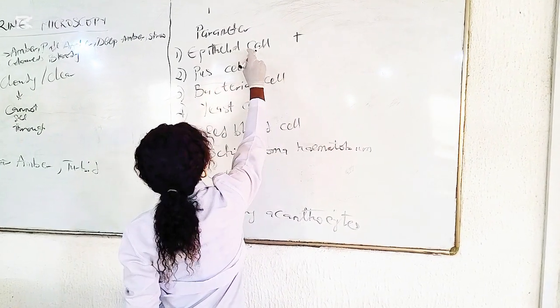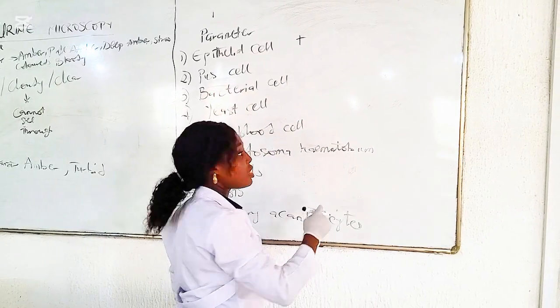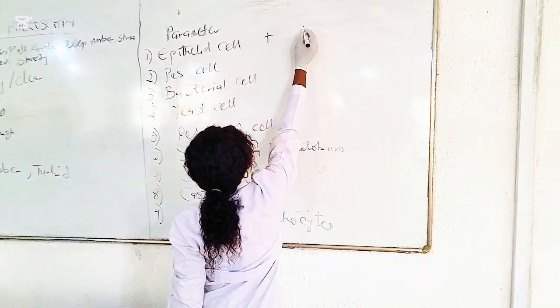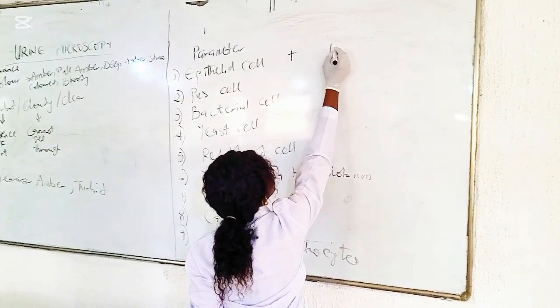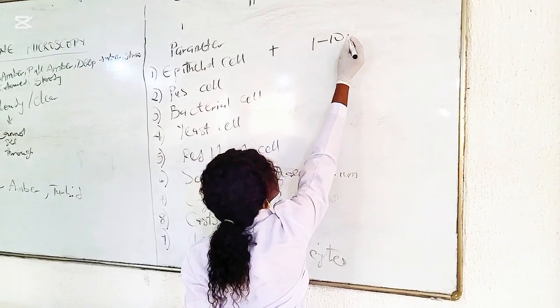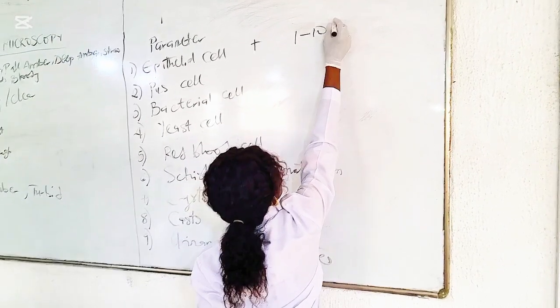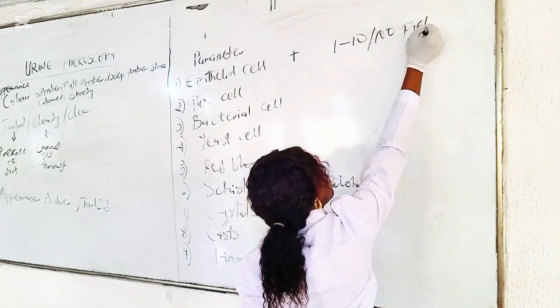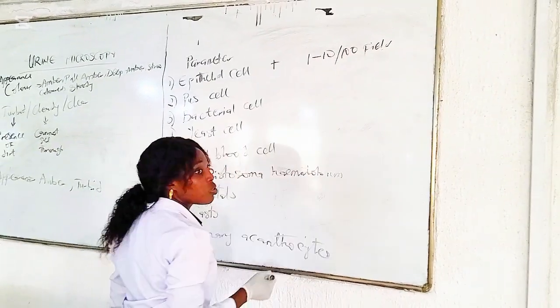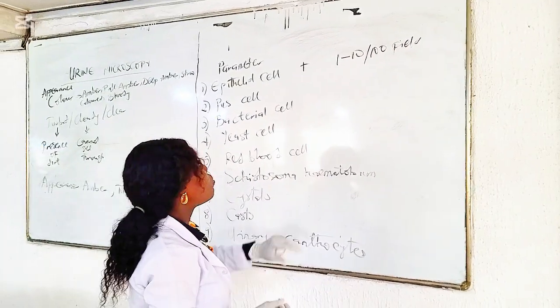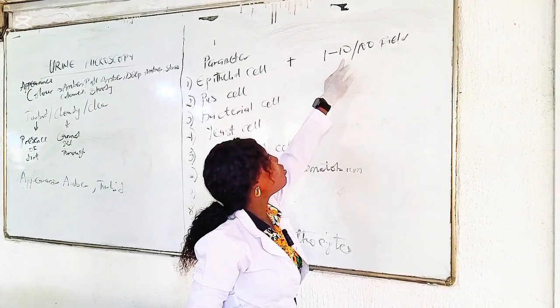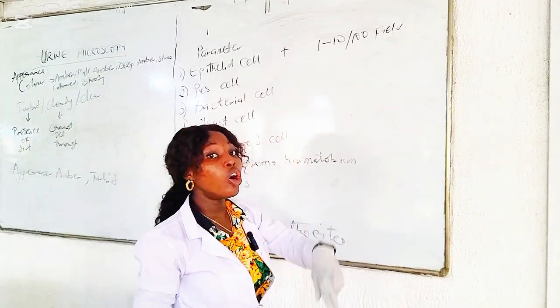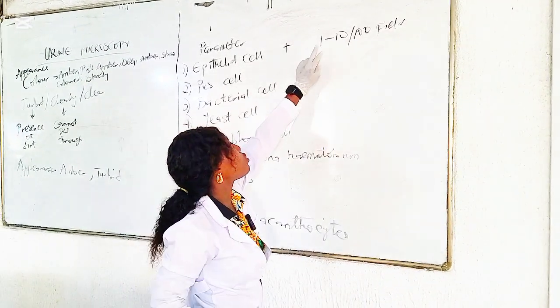Now you grade epithelial cells in pluses. If you see from 1 to 10 per 100 fields, it is called 1 plus. That's when you did 100 fields, you saw just between 1 to 10.